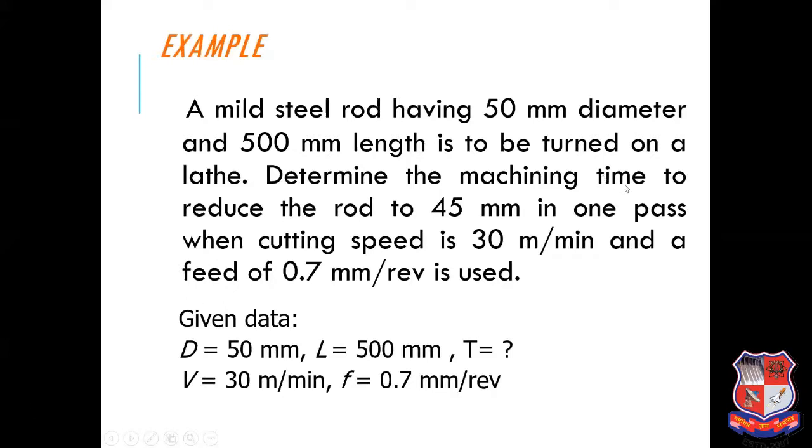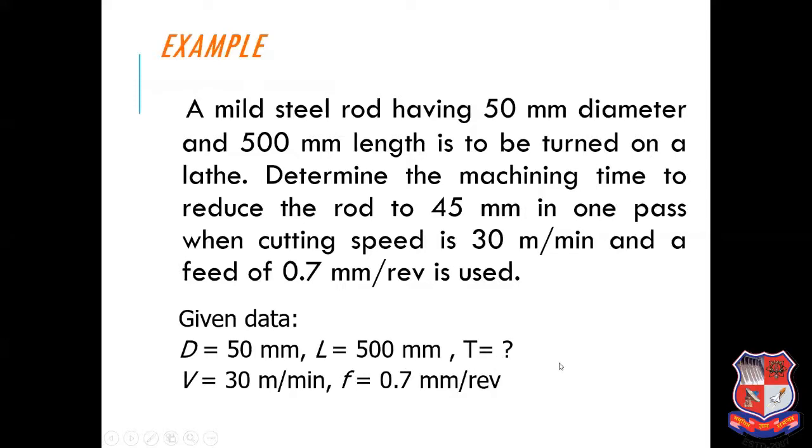Determine the machining time, capital T, to reduce the rod to 45 mm in one pass. So in one pass, the diameter of the rod is reduced from 50 to 45 mm, so you can find out what depth of cut is required. The cutting speed is 30 meter per minute and the feed is 0.75 millimeter per revolution, and at that time you have to find out T.